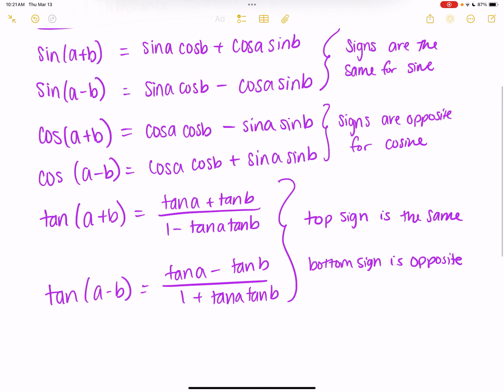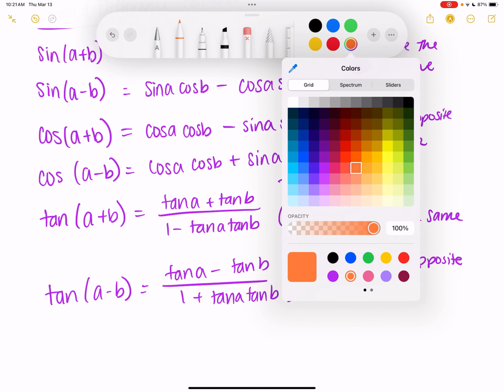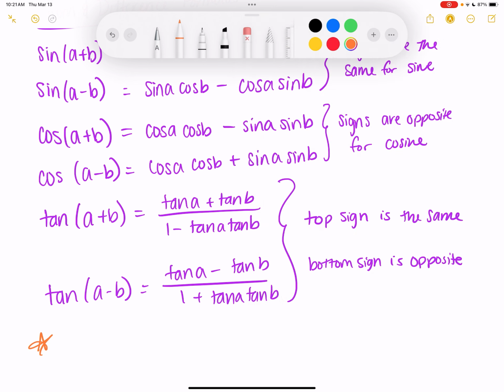And a very, very important thing to note here: A and B have to be known angles from the unit circle.